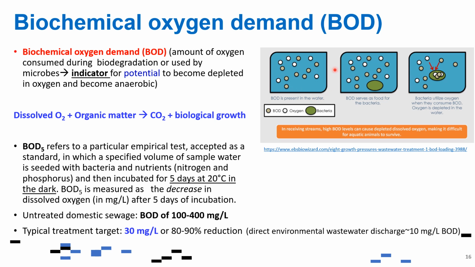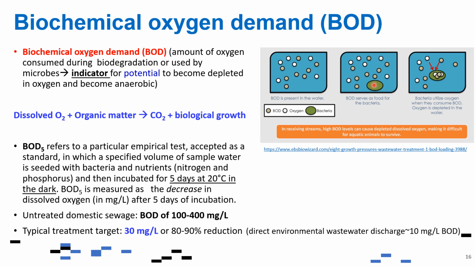So in this case, if you look at this figure here, if we have a lot of BOD present in the water, and the big green here is the bacteria, this BOD will be consumed by the bacteria, and the white ones are the oxygen, because during consumption they need oxygen. So that's why the higher the BOD in the system, there will also be more need of oxygen for consumption by bacteria.